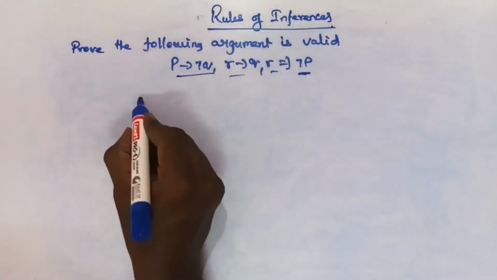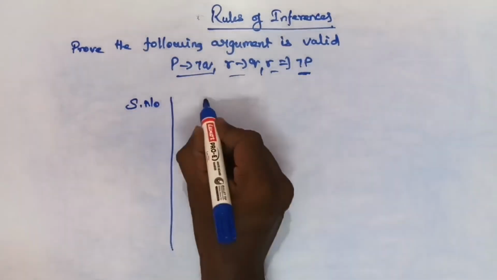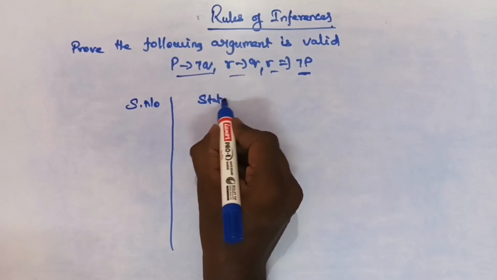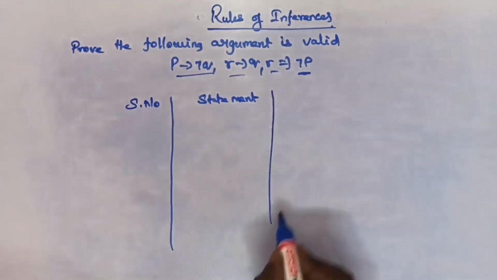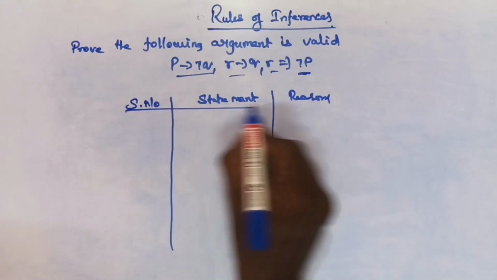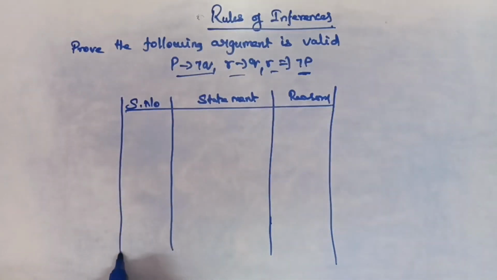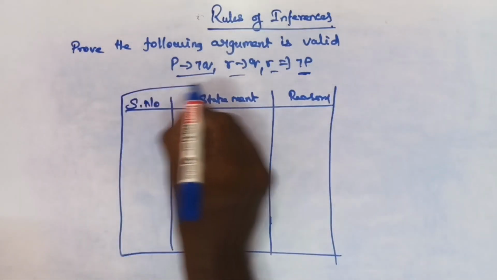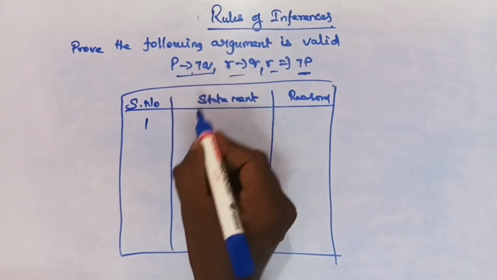Serial number, statement, and reasons. Okay, so you can draw a table like this, so it is easy to find the answer. First you have to introduce the premises.